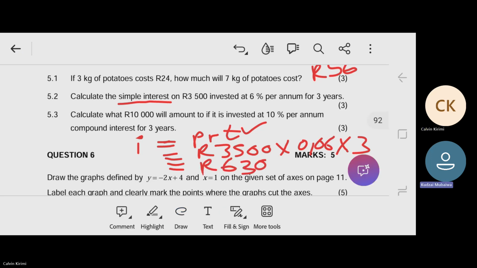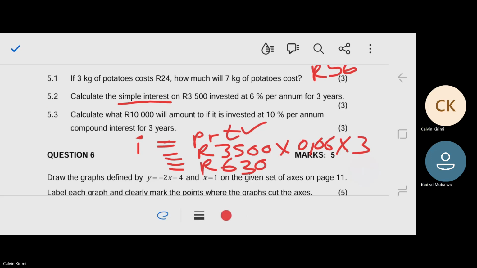Let's go to number 5.3. Let's work out that one. Are you there?